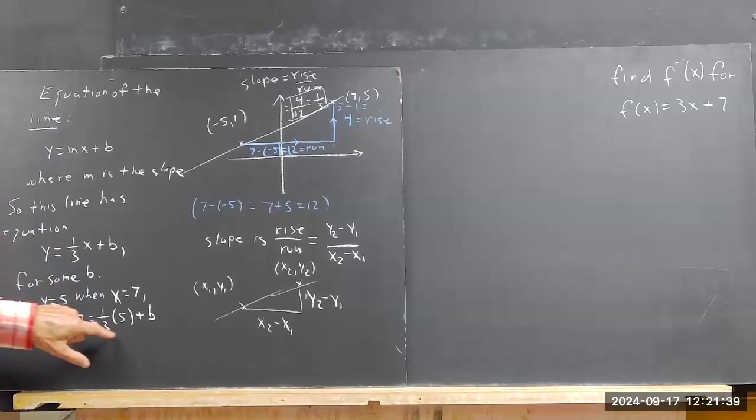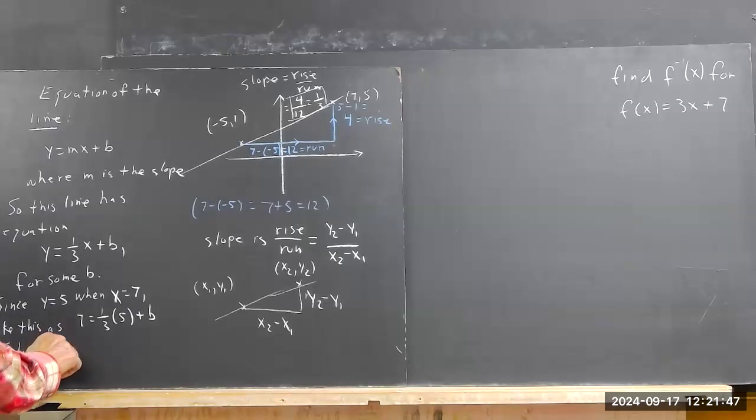If we do, we get this equation that we can solve for b. How do we solve this equation for b?